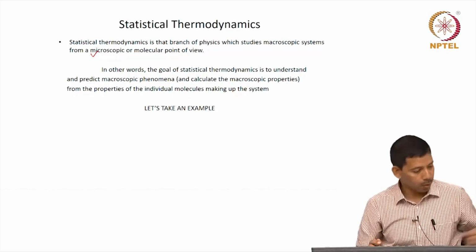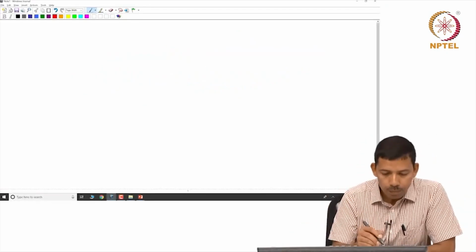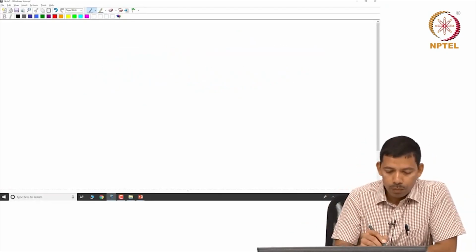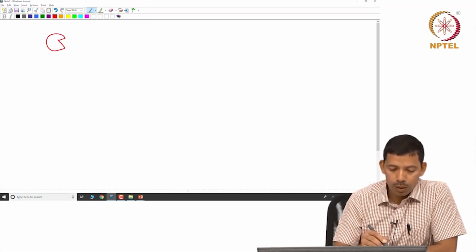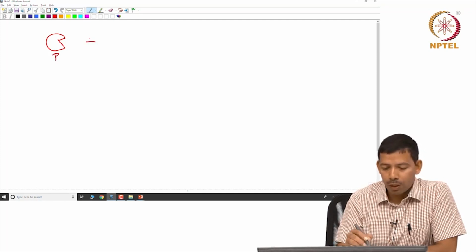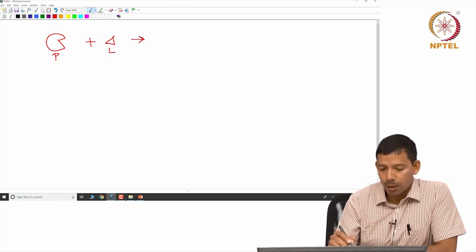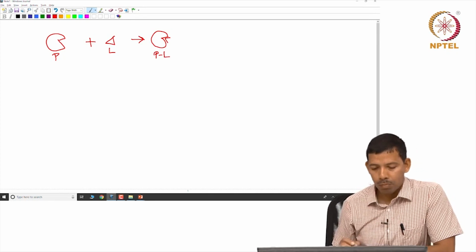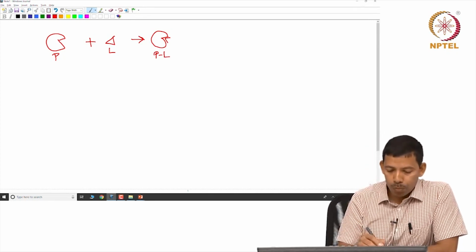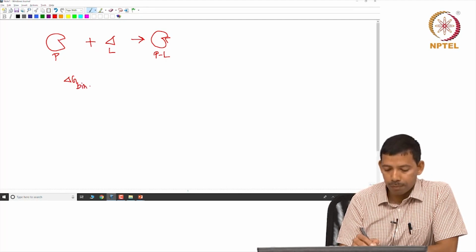Let's take an example. We have a protein, and let's say this is the conformation of the protein. We say this is P, and we have a ligand L which binds to this protein to make the protein-ligand complex, the PL complex. Now, what will be the delta G of ligand binding?